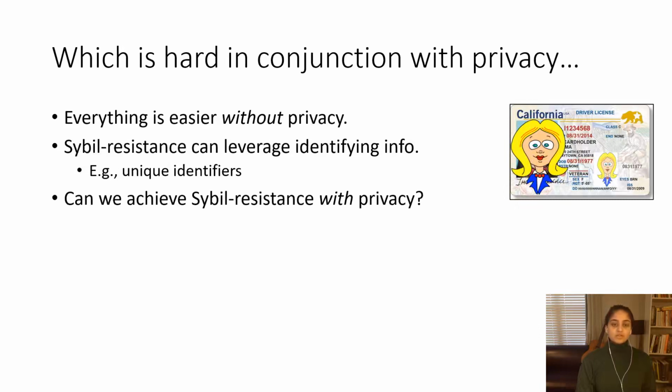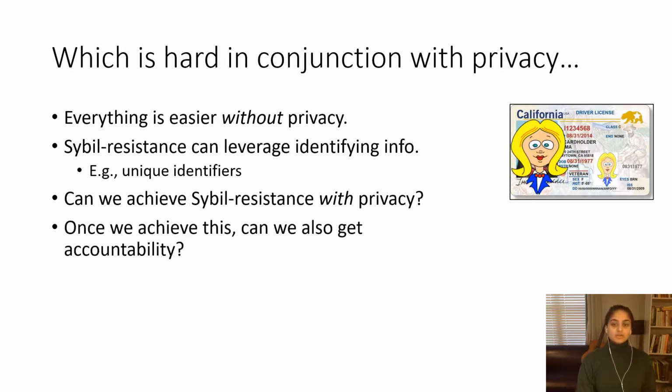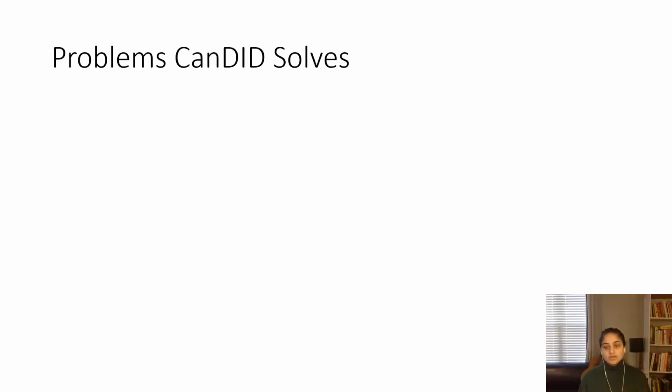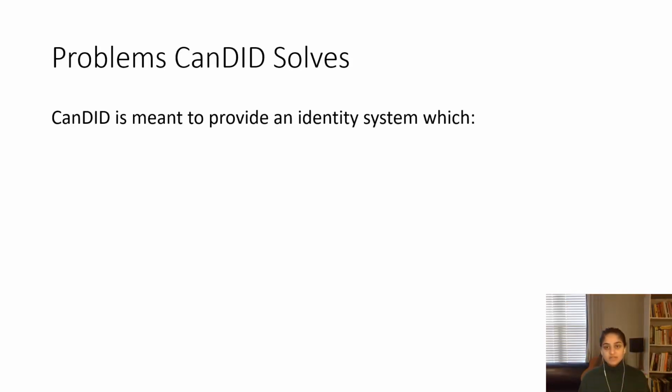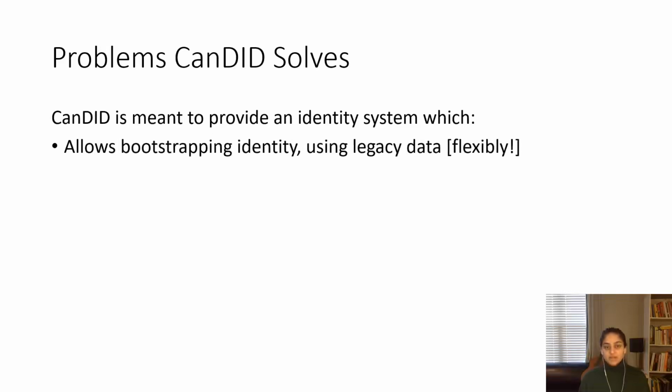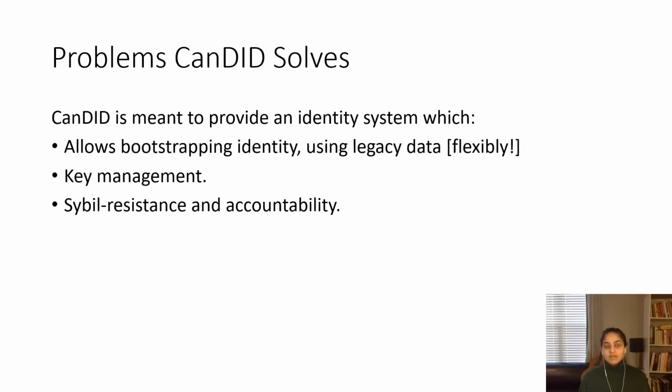Once you do this, though, could you get privacy? And once you can do private Sybil resistance, could you get accountability, such as against financial crimes? To summarize, CanDID is a decentralized identity system which allows bootstrapping identity using legacy data, key management, and Sybil resistance with accountability. Now Deepak will discuss how we do this.